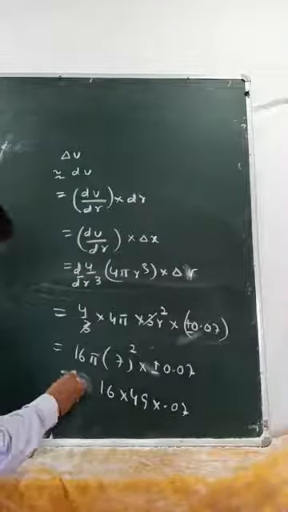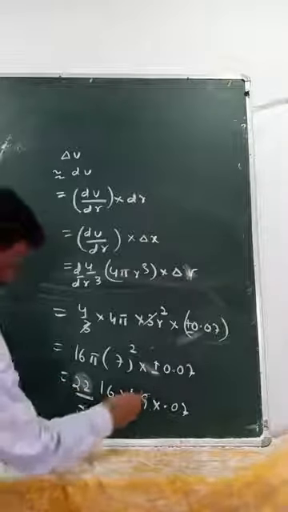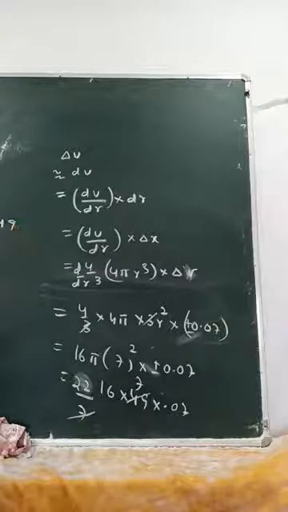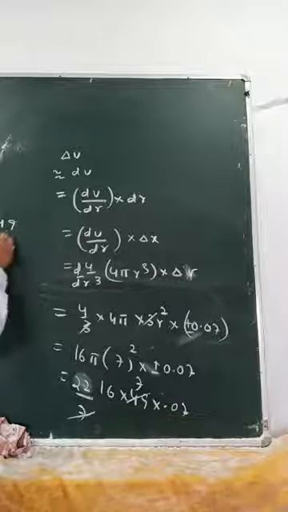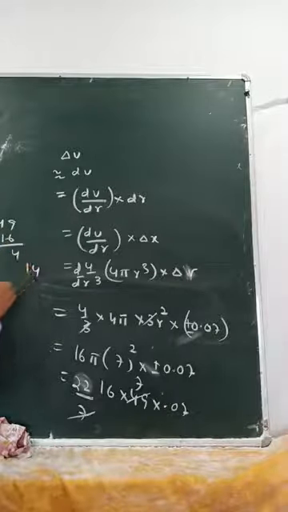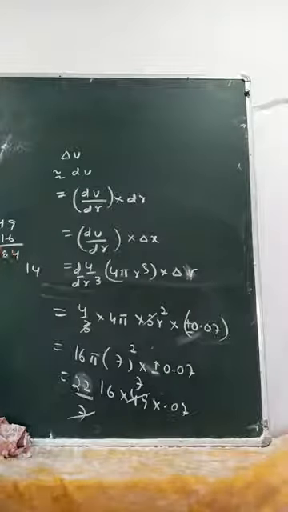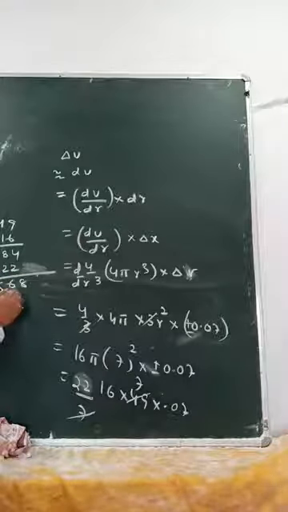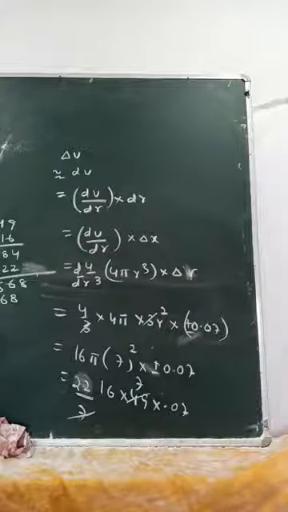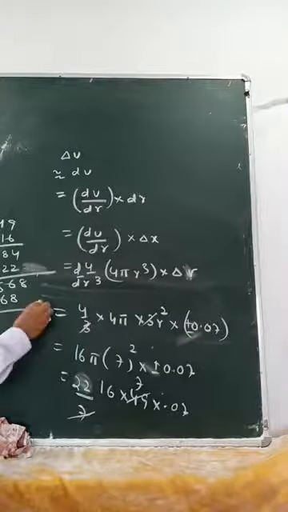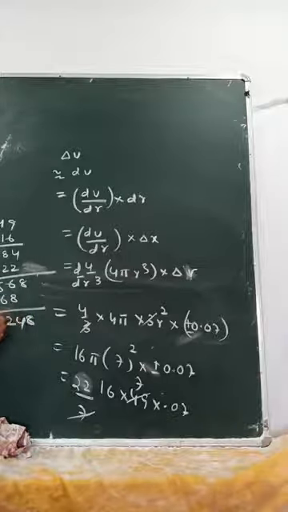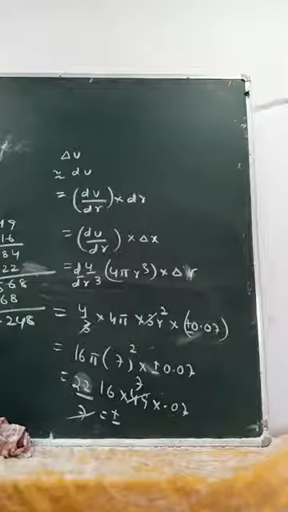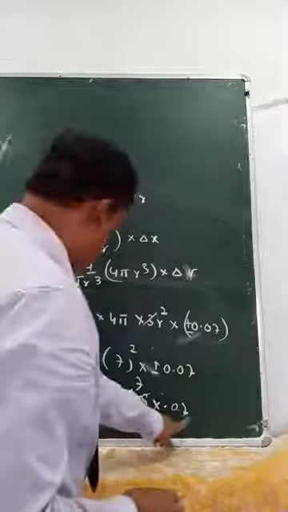Pi is equal to 22 by 7. You can multiply, how much is it? After the decimal you can count two places only.